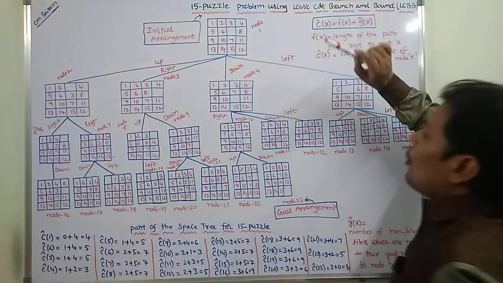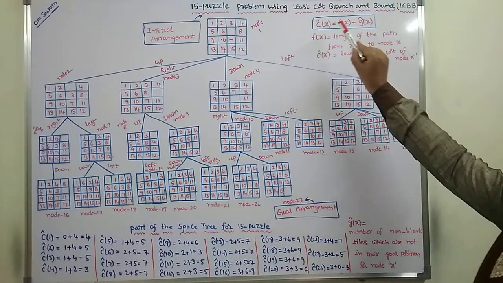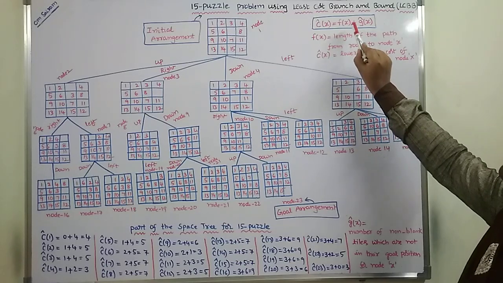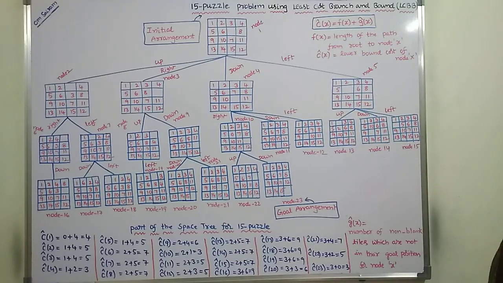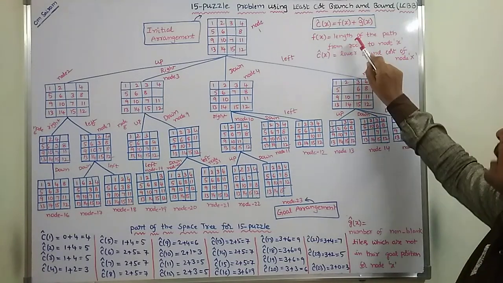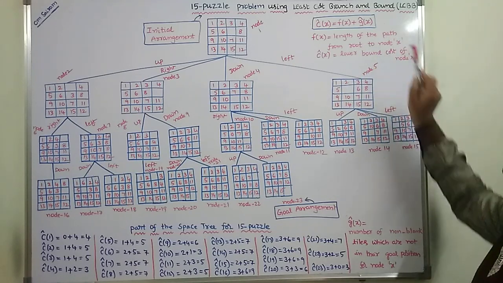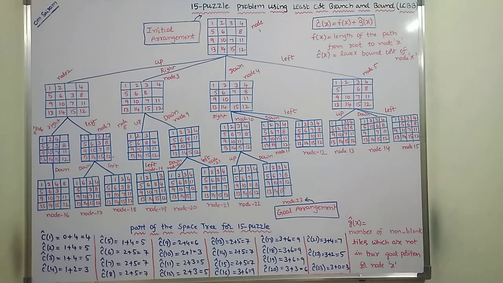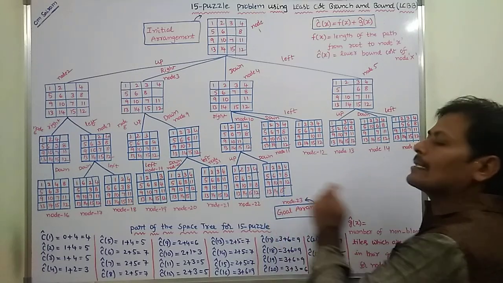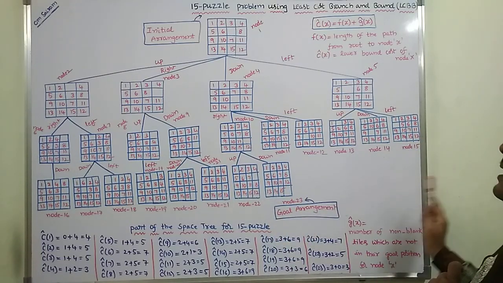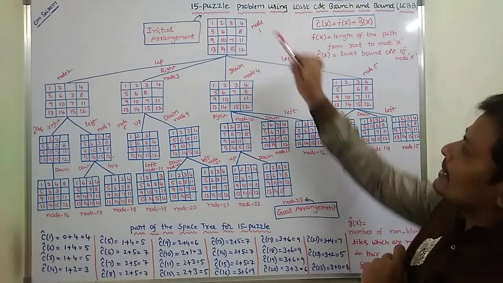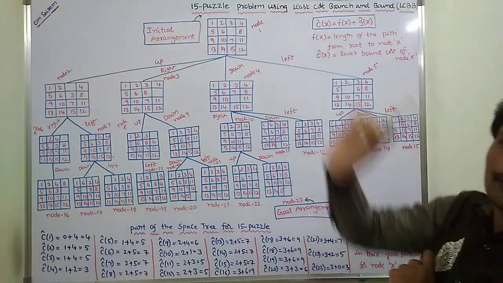Now, how is the cost function calculated? C cap of x is equal to f of x plus g cap of x. f of x means the length of the path from the root node to the x node. For example, node 23 is the goal arrangement. This is node x, and node 1 is the root node.